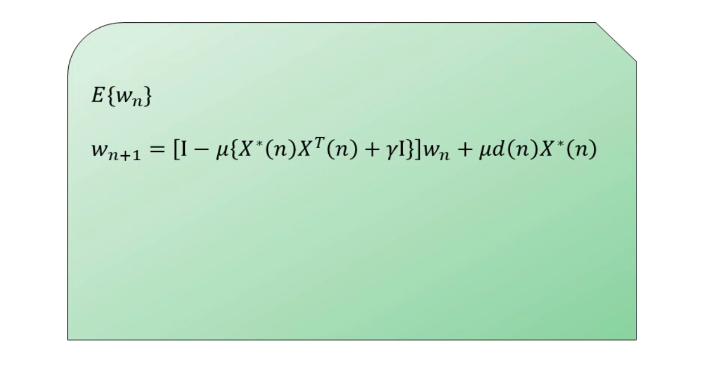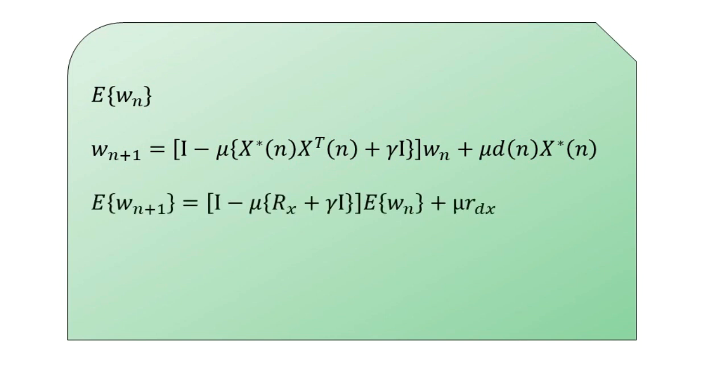Now taking the expected value on both the sides and making use of the independence assumption, we get a new form of the expression: E[w_{n+1}] is equal to, in the square bracket, I minus mu times the autocorrelation matrix R_x added by gamma, the leakage coefficient, multiplied to I, and this square bracket after closing is multiplied to the expected value of the weight vector w_n here.